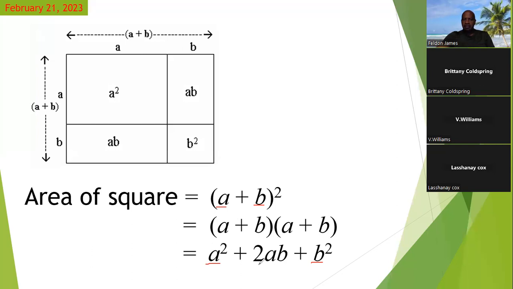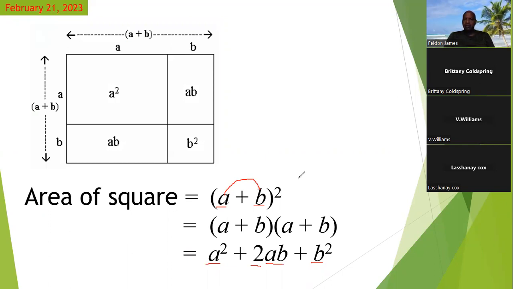Now the middle term is 2 times the first term times the second term. So that's a general feature when we are multiplying a binomial by itself.